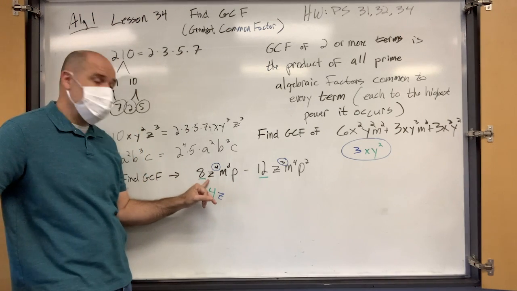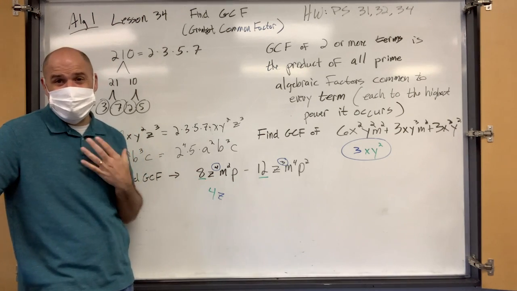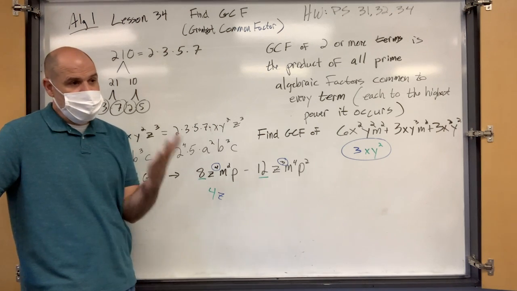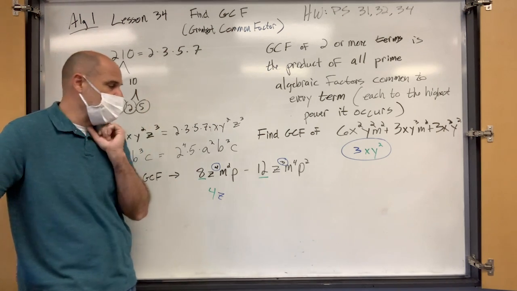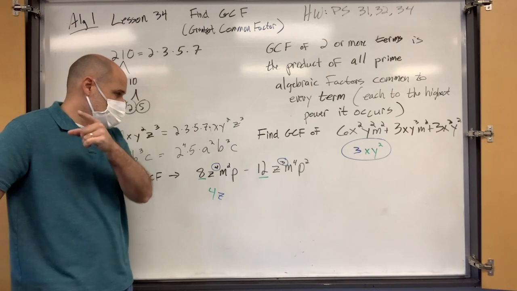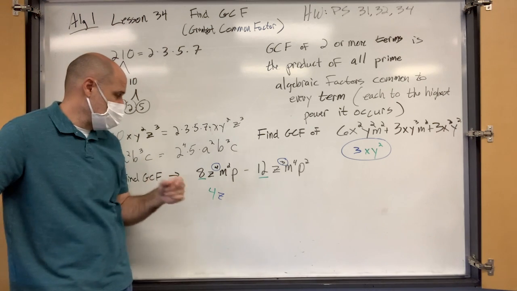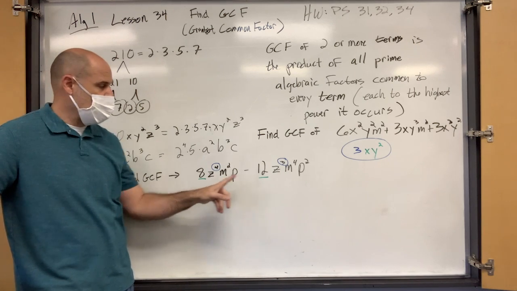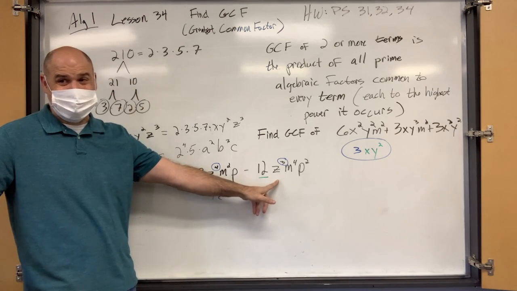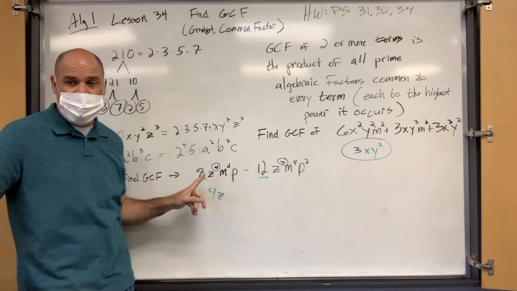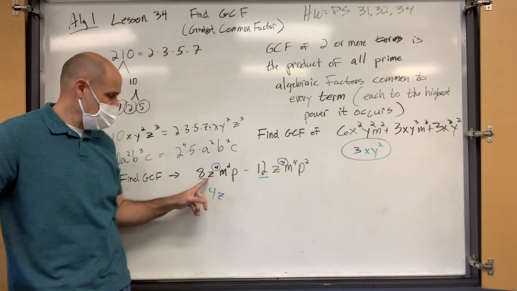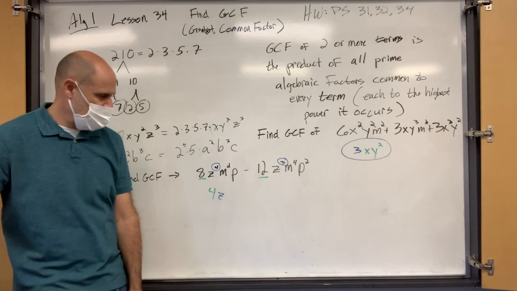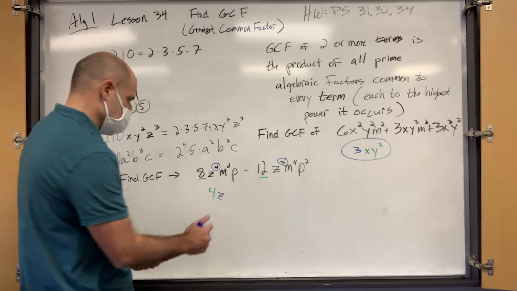But here's the deal. I want to buy Z's, as many Z's as I can. I'm stocking up, just in case something happens. So I'm going to Mr. K-Flack's Walmart, and he's got 4 Z's on the shelf. But my other brother's only got 3. So how many am I going to buy from this brother? 3. They both have at least 3, so I'm going to take 3. Okay? So I got Z to the 3rd.